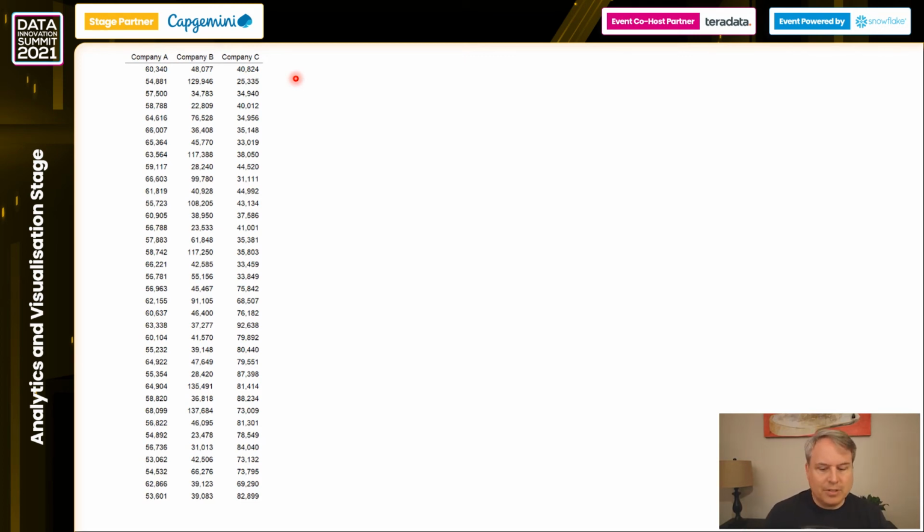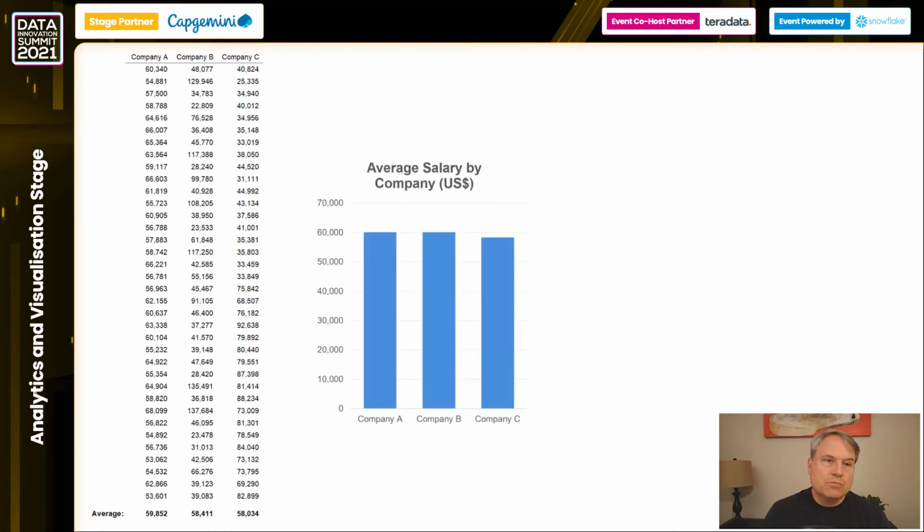Well, how can I compare these salaries? Pretty obviously, we can just calculate the average. And so if we do that calculation and then we graph it out, these companies all actually appear to be quite similar to one another. You barely even need to point that out in the chart. These are essentially very similar companies when it comes to salaries.